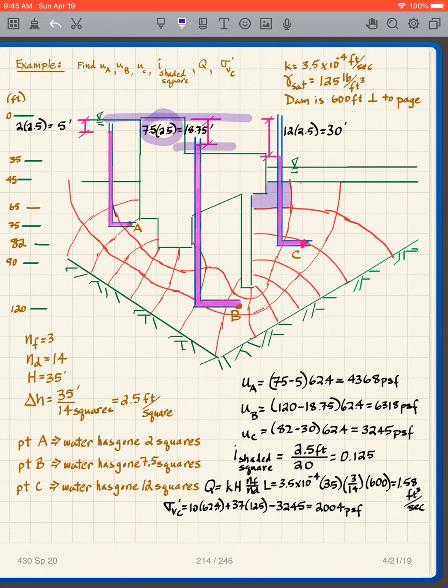I get 18.75 feet as my head drop there. To get to point C, I go 1, 2, 3, 4, 5, 6, 7, 8, 9, 10, 11, I go through 12 squares, and so I go 12 times 2.5. My drop is 30 feet, so I have my piezometer at C, and the drop is 30 feet.